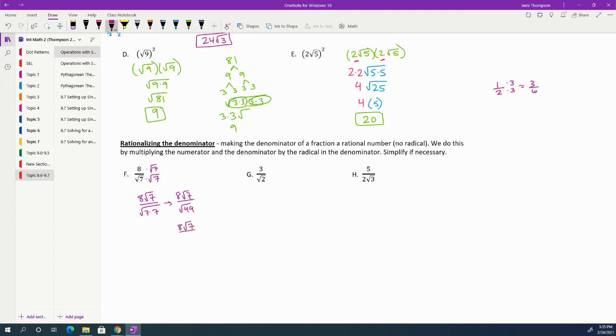And what is the square root of 49? 7. By taking the square root of 7 and choosing to multiply by the square root of 7, I'm essentially squaring it, which gets rid of the radical and just leaves me with 7. This is my final answer.